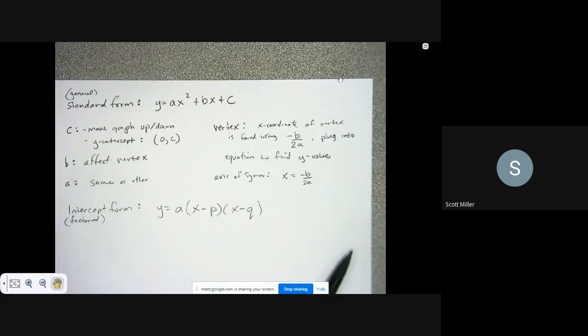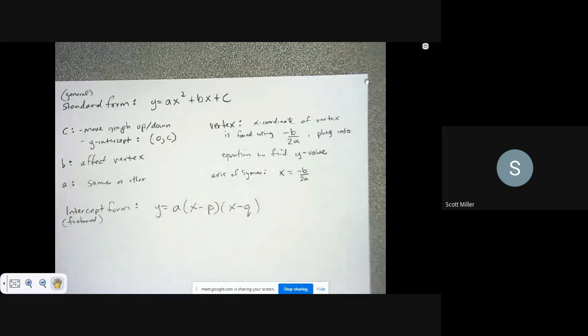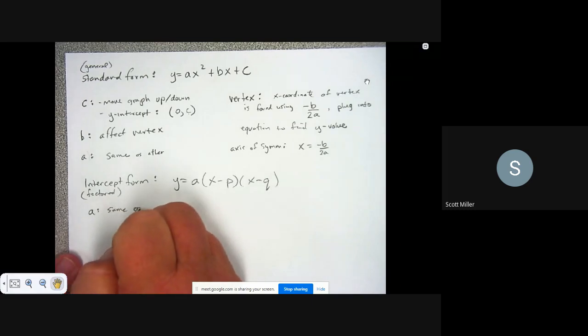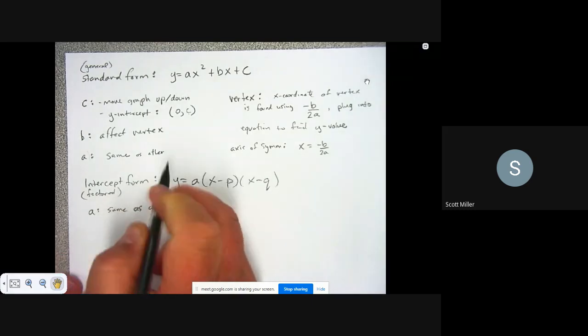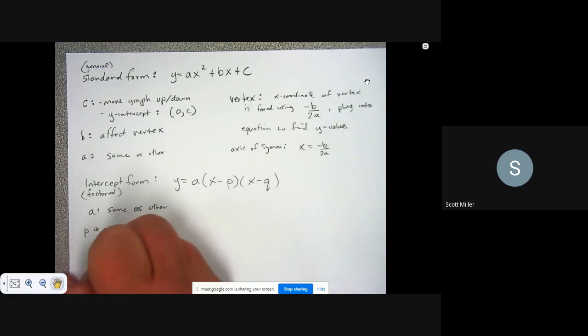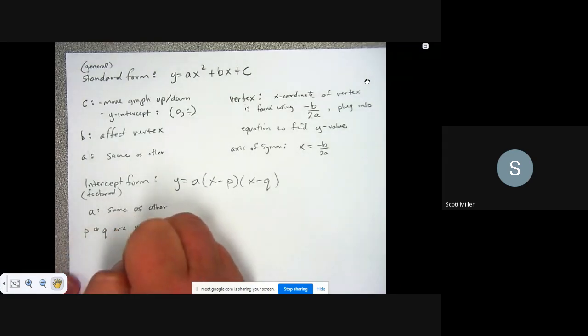So when we do this problem over here, when we write stuff down, we can see that the A is the same as the others, and then P and Q are the x-intercepts.